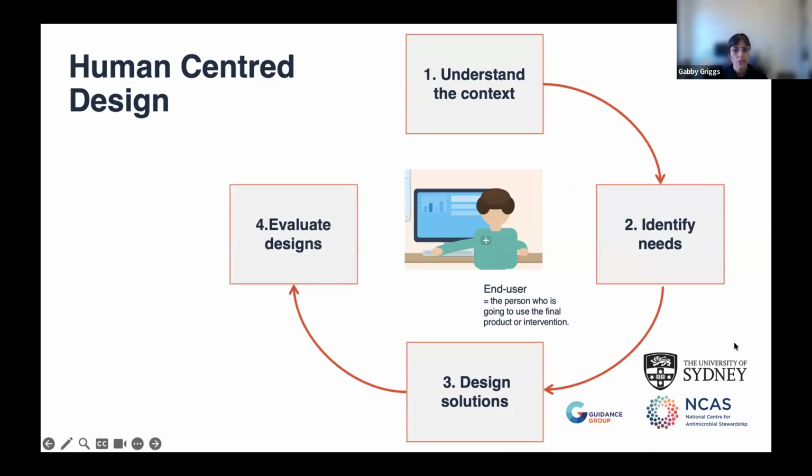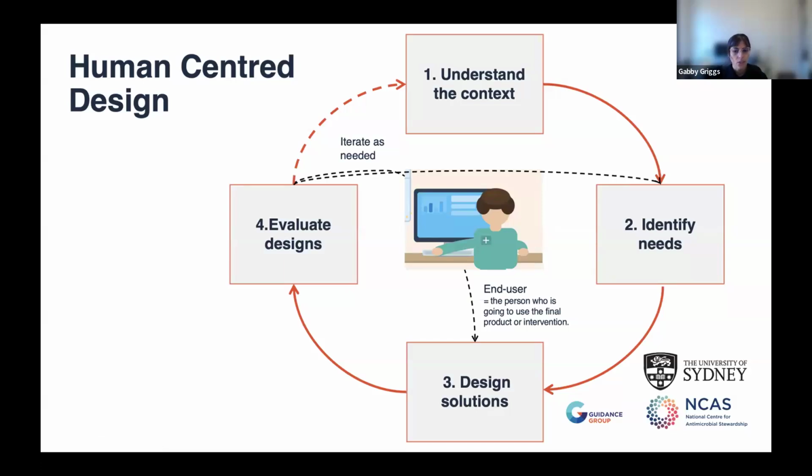And then those solutions are tested with real users in real settings. Their feedback is used to keep refining and improving them. By keeping end users involved at every stage, this approach helps ensure that the final result is practical, easy to use, and makes a real difference in practice.